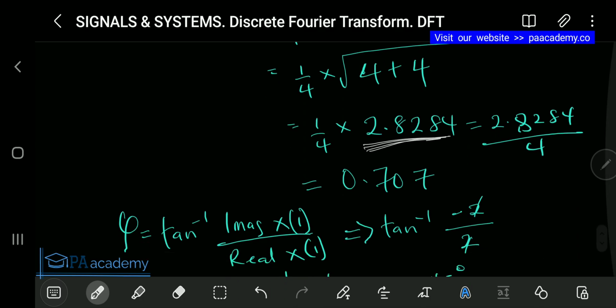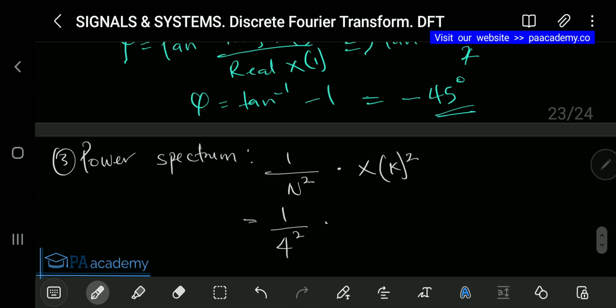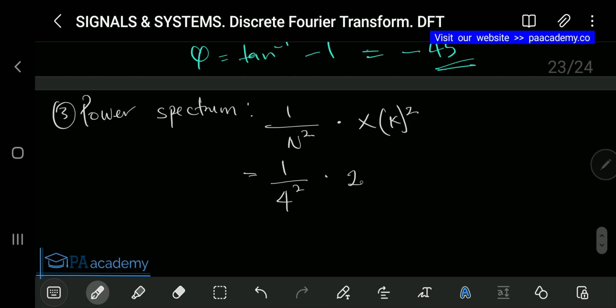Exactly. All right, so that's 2.8284. So multiply by 2.8284 squared. So that will be 1 over 16 times, so let me square 2.8284.